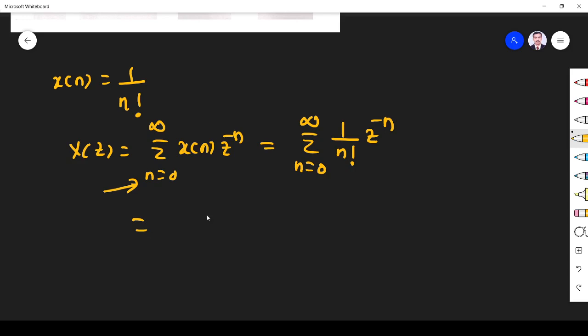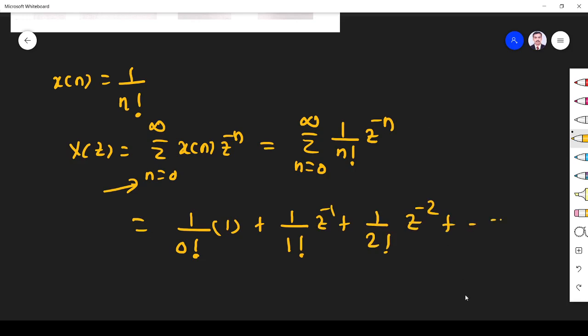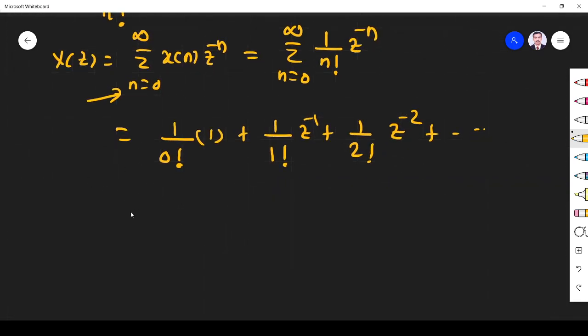When you substitute n equal to 0, we get 1 by 0 factorial, z power 0, which is 1, plus 1 by 1 factorial z power minus 1, plus 1 by 2 factorial z power minus 2, plus 1 by 3 factorial, which is 6, z power minus 3, and so on.